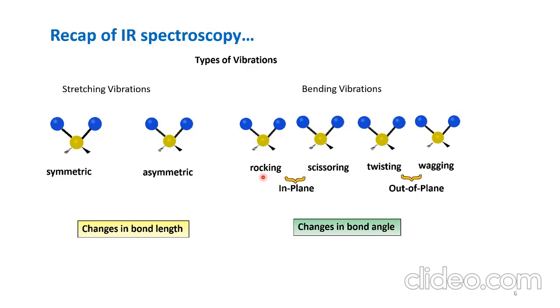In plane means the rocking is happening in the same plane, and rocking means one molecule is going this side and the other is again going to the same side. In the scissoring, the molecules are going in the opposite direction, like a scissor. Twisting means one is in another plane, and the other is in the opposite. And wagging means both molecules are moving in the same plane.